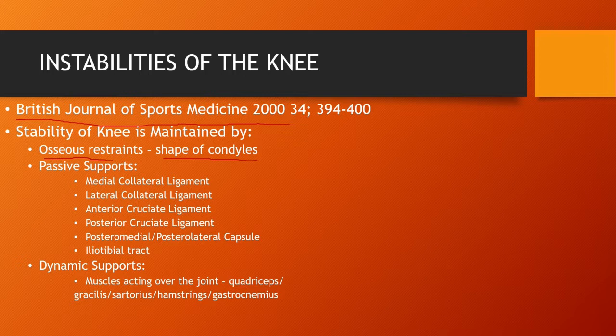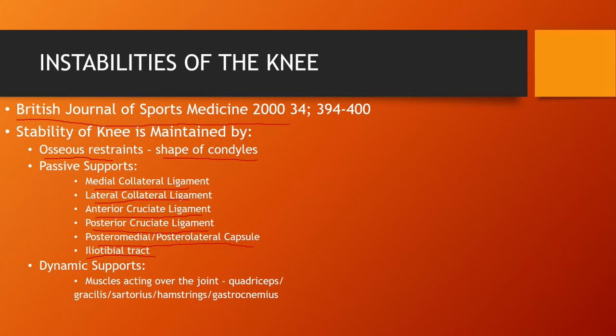Now, in today's discussion, we're going to talk about the medial collateral ligament, the lateral collateral ligament, the anterior cruciate ligament, and the posterior cruciate ligament. We'll talk about the posteromedial and posterolateral capsule, and then also, on a superficial layer basis, the iliotibial tract provides some passive restraint to lateral varus forces of the knee.